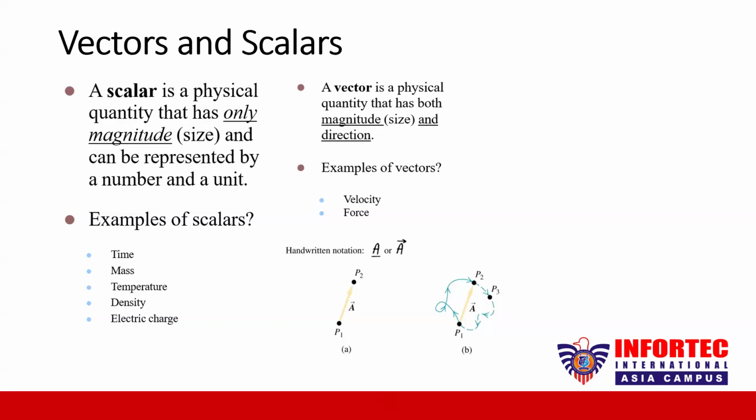Velocity has direction and also magnitude. A scalar has only a number. And you can see a vector can be denoted by A. Vector A can be denoted with a line with an arrow on top. You can express the vectors like this, right?